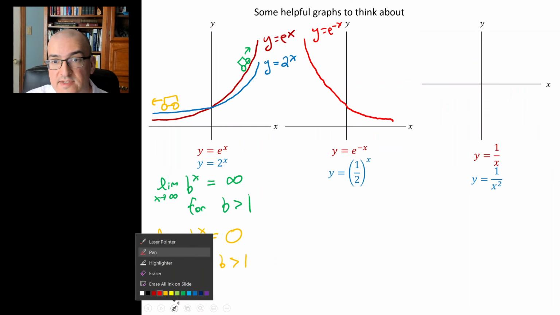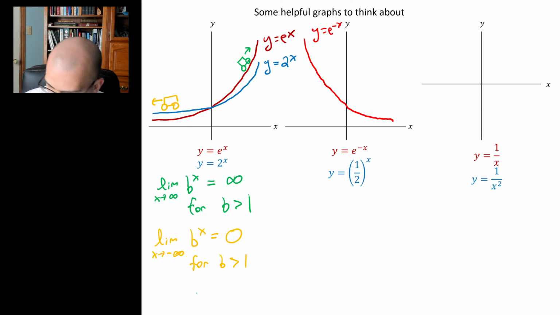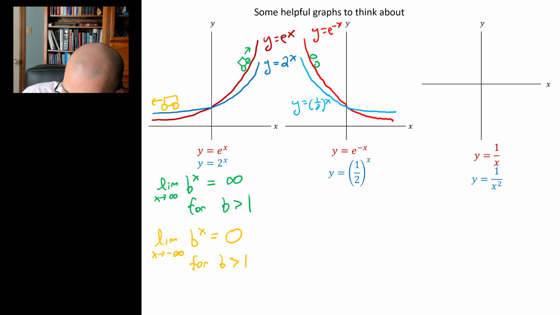And 1/2 to the x has the same shape. Has that shape. And we can imagine putting math cars on here. So there's my math car. I'm going to push it to the left.